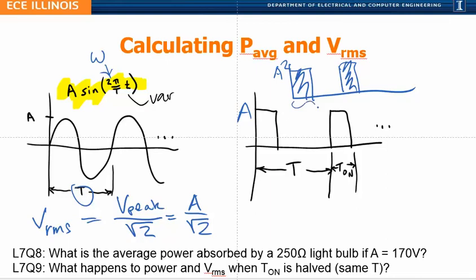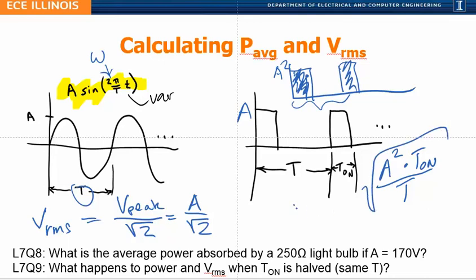If you calculate the area under A squared in one period, you would just get A squared times T on, that's the time that the voltage is on. Then you need to divide by the period, T, and then you would take the square root of that, and that would be your VRMS.